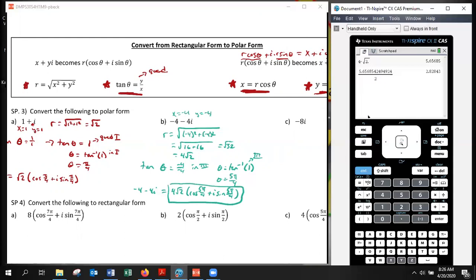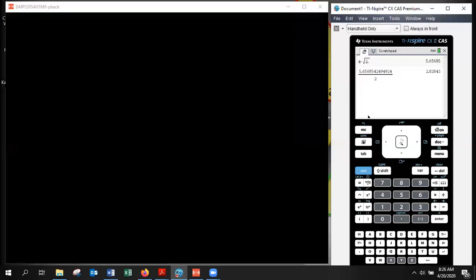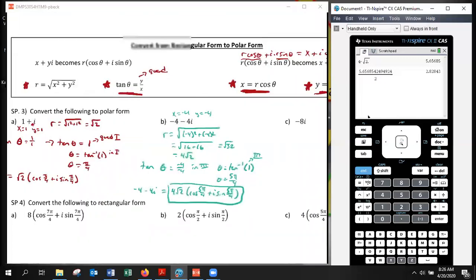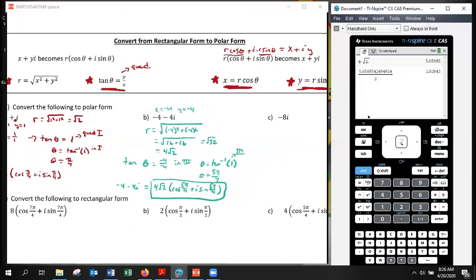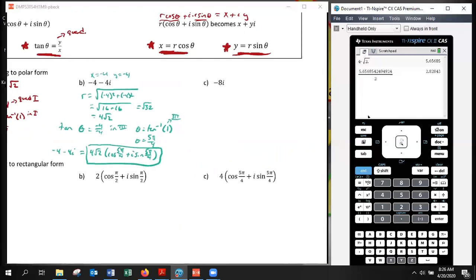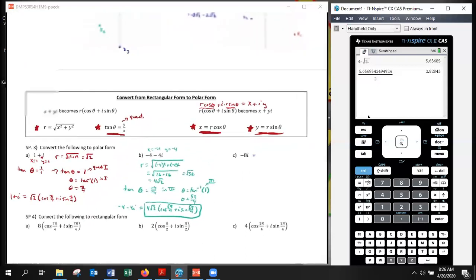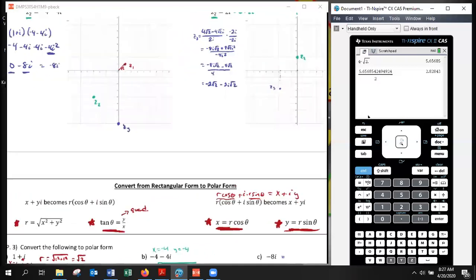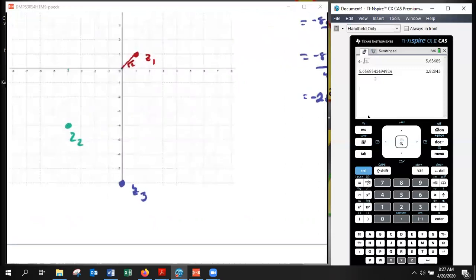And then for part C, once again, a few technical difficulties here. I think there's a lag between me and my mirroring software. So -8i, hopefully is something that I could expect you guys to do without a whole lot of conversion.